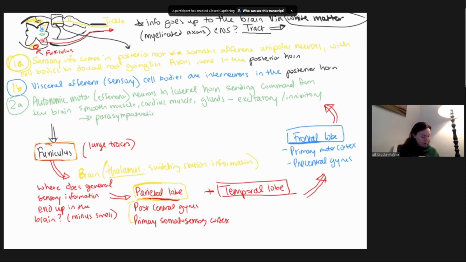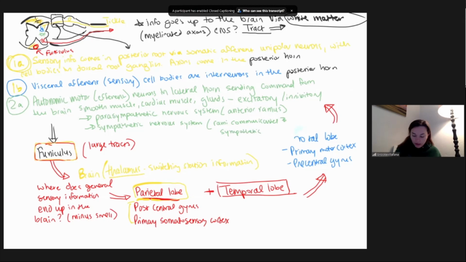The parasympathetic nervous system is going to use the anterior ramus, versus the sympathetic nervous system is going to use the sympathetic chain of ganglia, which were part of the rami communicantes. So I'm going to put rami communicantes and sympathetic chain of ganglia.